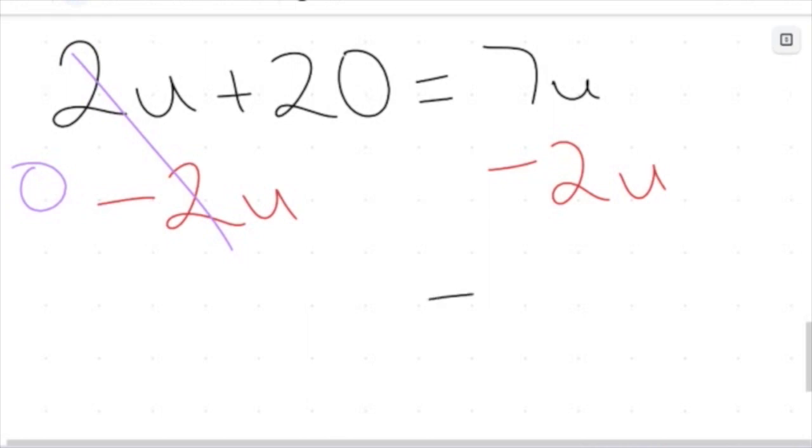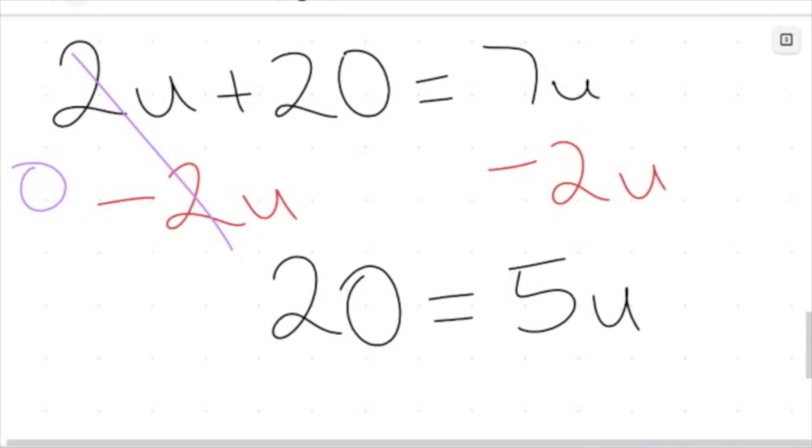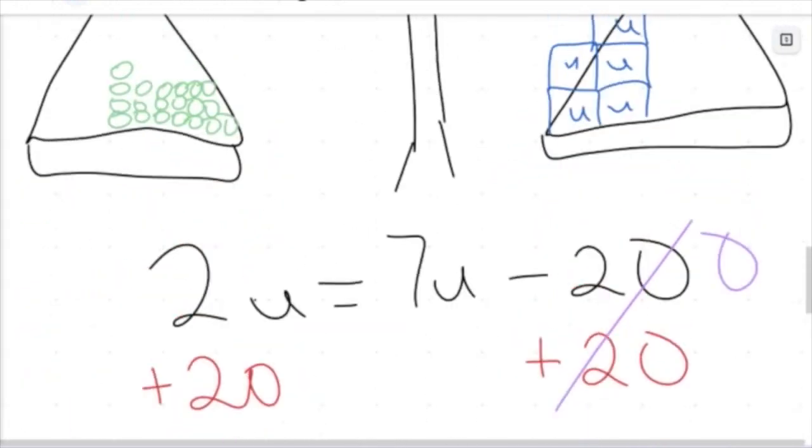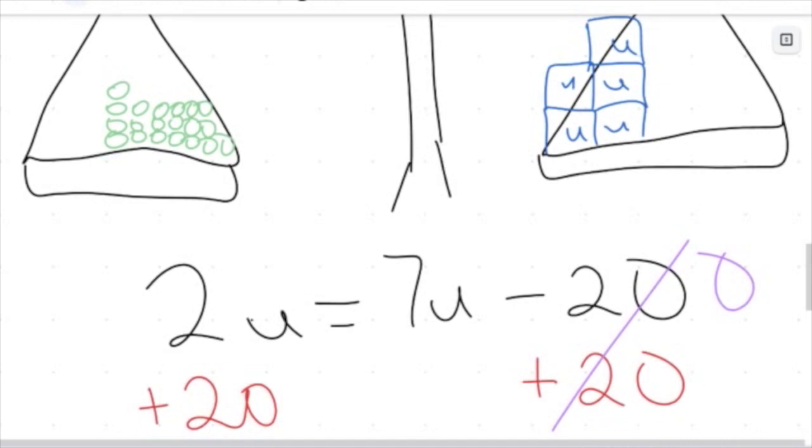Well, that just gives me 5u. And what do I have on my left-hand side? Well, I just have 20 here. I have 20 marbles on my left-hand side, and I have 5 boxes on my right-hand side full of marbles.